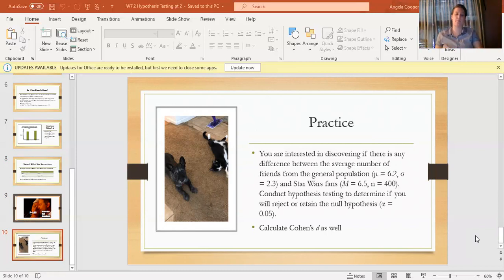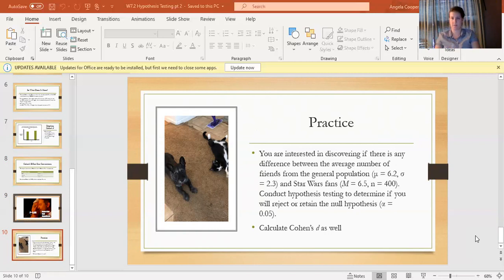Step one, done. Boom. Now we do step two, where we set the criteria. We know that alpha is set at 0.05, and since we have an alternative hypothesis of not equal to, we have a two-tailed test. Our critical values, at the significance level of 0.05, are still plus minus 1.96, just like we did for the vegan problem.